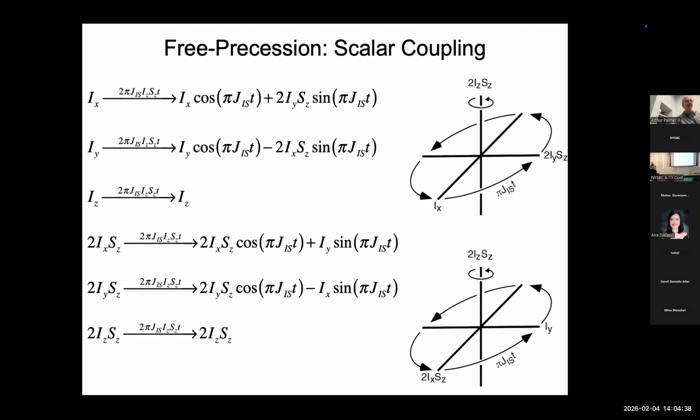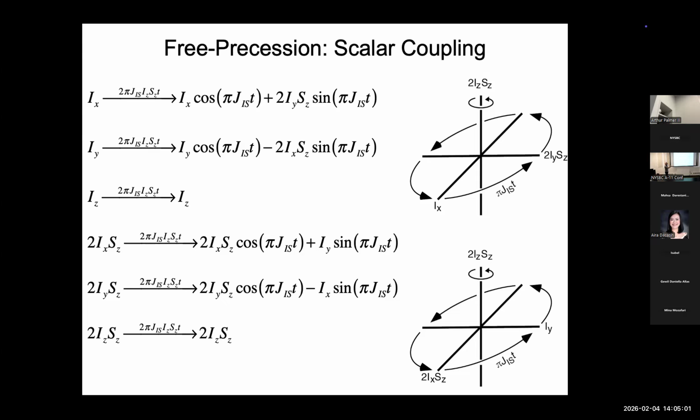And then I have some rules for scalar coupling. So here I have IX evolving. Here's the picture that I draw, and then there's the algebra. IX, the scalar coupling is proportional to 2IZSZ in the weak coupling limit.